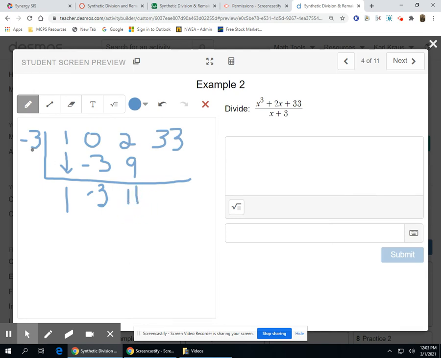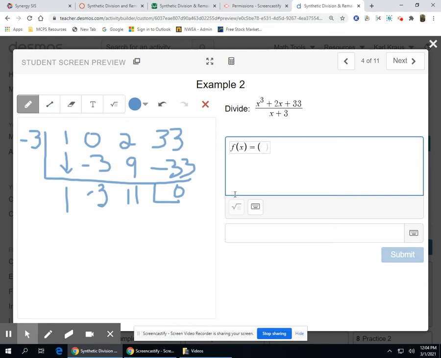And then -3 times 11 is -33. Add those, you get a 0. So you can say that f of x equals x plus 3 times x squared minus 3x plus 11.